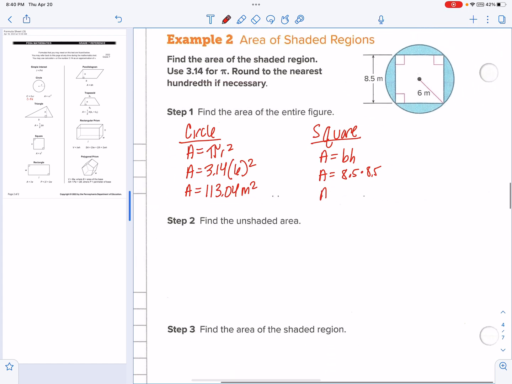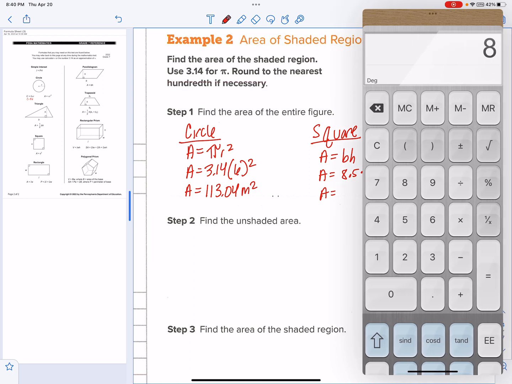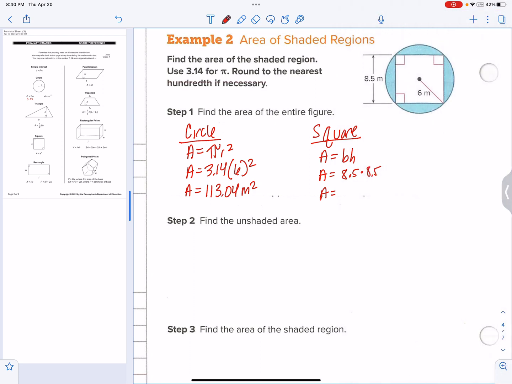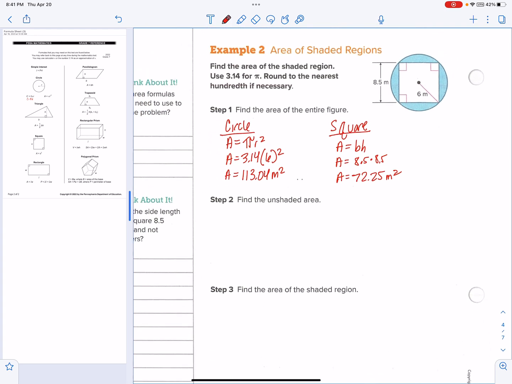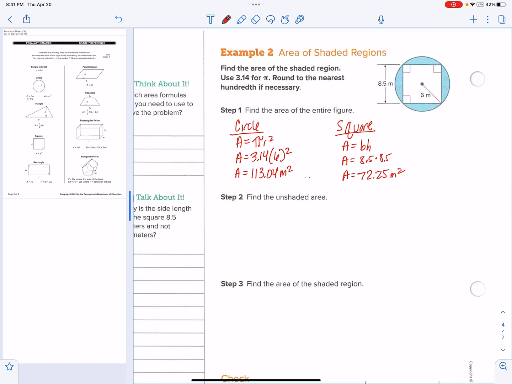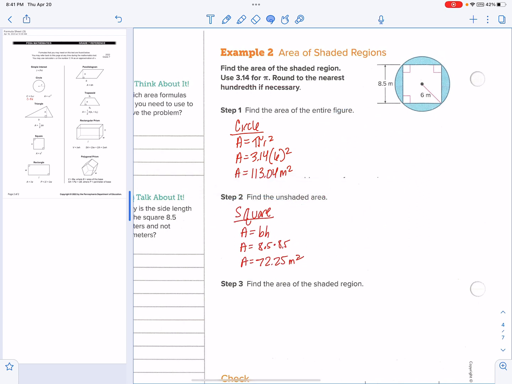So let's go ahead and get our area. 8.5 times 8.5, and we get 72.25. And that is meters squared. So I know my circle, I know my square. Let's get rid of the square to find the area of the shaded. Okay, so find the unshaded, that's right there.